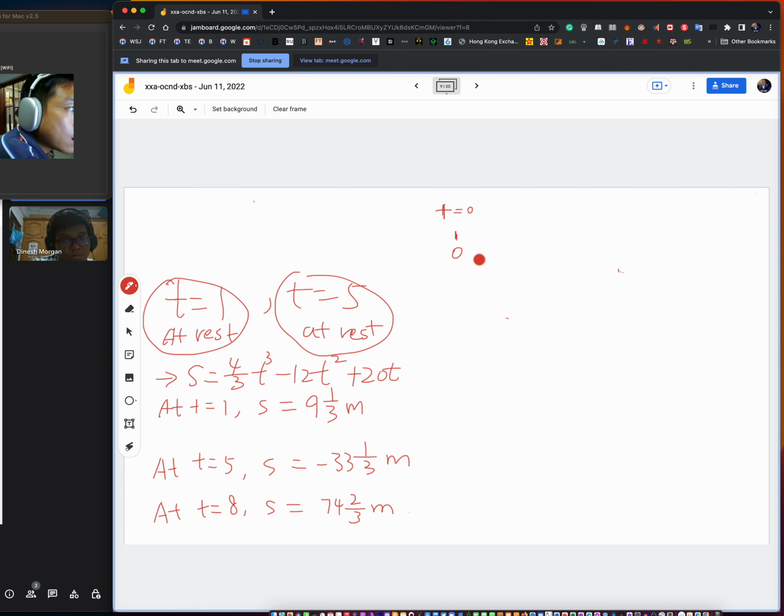At t equals 1 it is 9 1/3 away. And at t equals 5 it is negative 33 1/3, so it's here already. I need to extend that a little bit more.